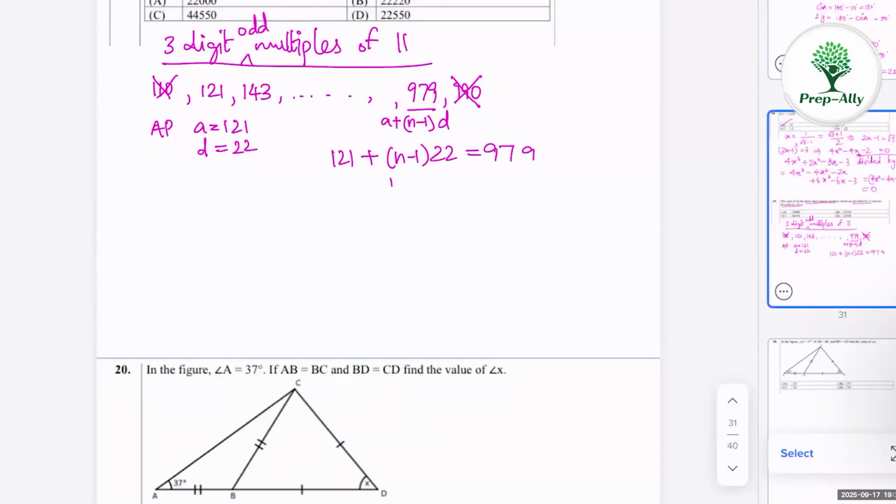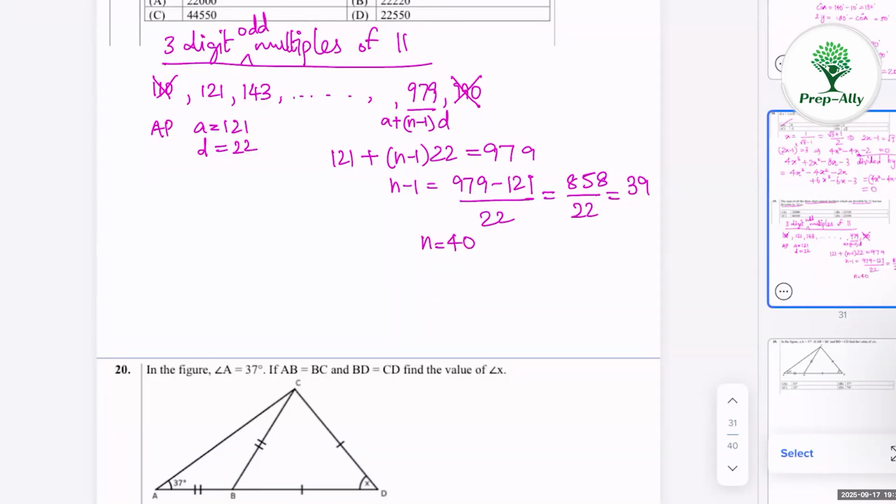So from here we have n minus 1 equals 979 minus 121 by 22, which is 858 by 22, which equals 39. So n is equal to 40.